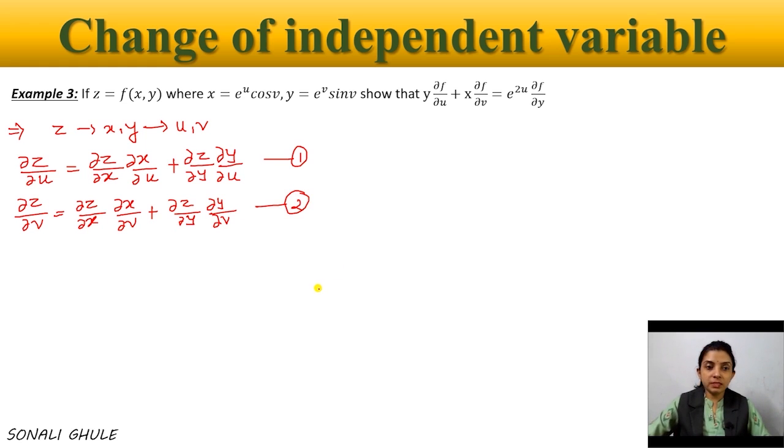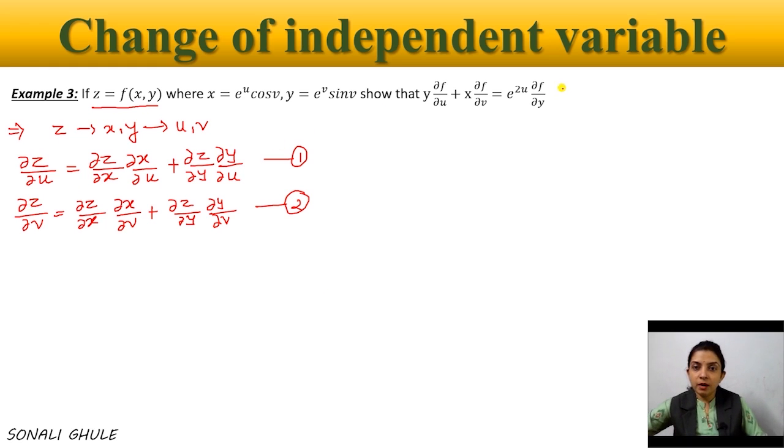Okay, now by using these two equations I can find the values of z with respect to u and z with respect to v. Right, now see here, they are saying z is a function of xy. So instead of this z, I can write here f also.